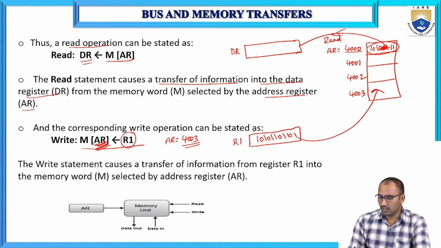So the R1 register data will be copied to the 4003 location. This is called a memory write operation. The write statement causes transfer of information from register R1 into the memory word selected by the AR register.